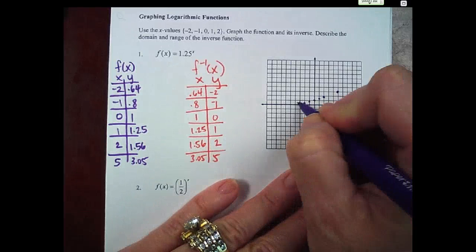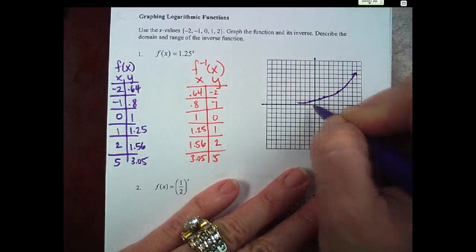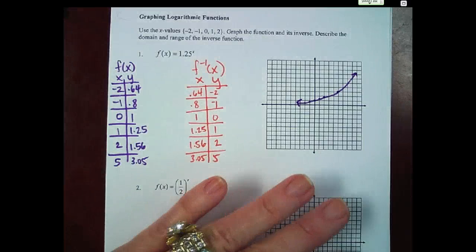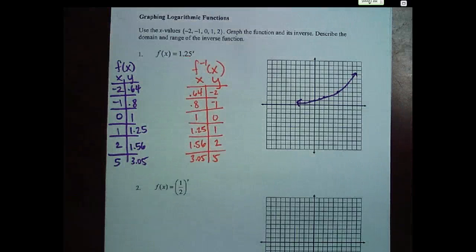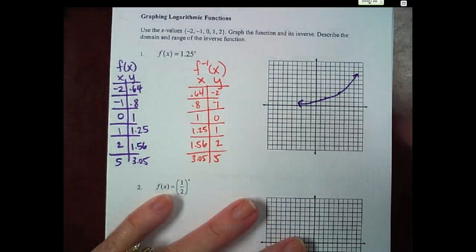And the graph actually is going to slowly go up. It's because the base is so little. It's just barely over 1. Now go the other way. So you're going to label this f of x.